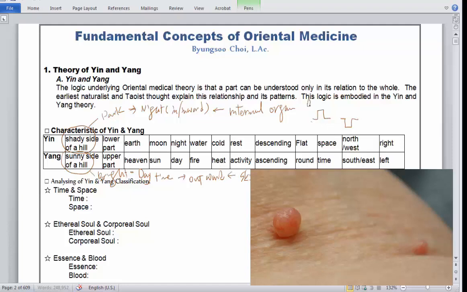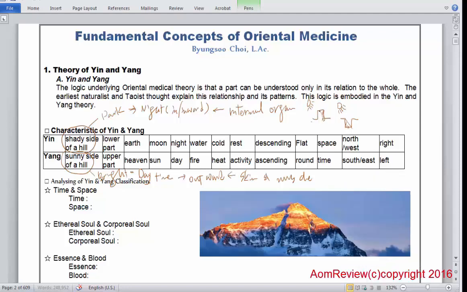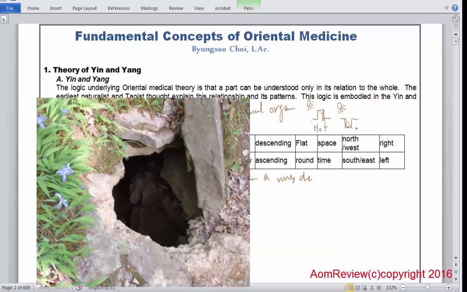The protrusion part is much easier to expose to the sun than the concave type. So the concave part might be in shade. Mostly the protruding part is brighter and closer to the sun, so that's why it might be hotter, and this one colder. And this protrusion part is with up and down.